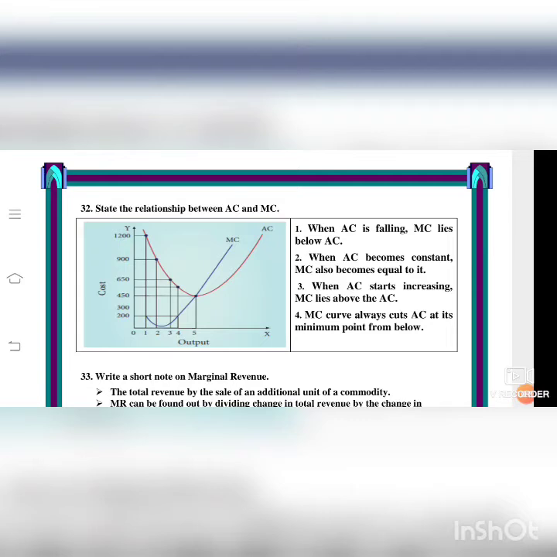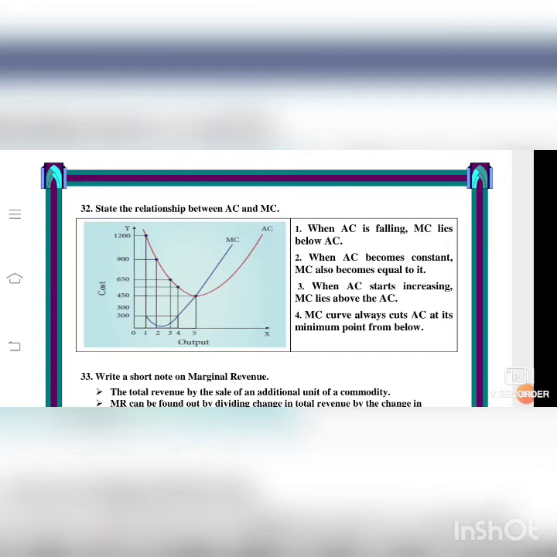When the average curve starts increasing, the marginal curve lies above the AC. Last point, the marginal curve always cuts the AC at its minimum point from below. You can see the cutting point, the AC and MC curves cutting each other.